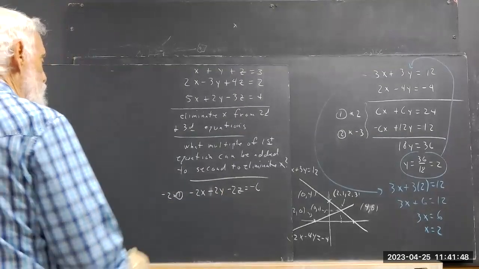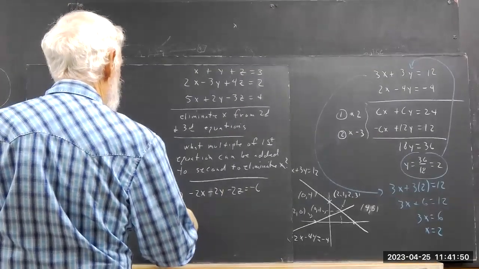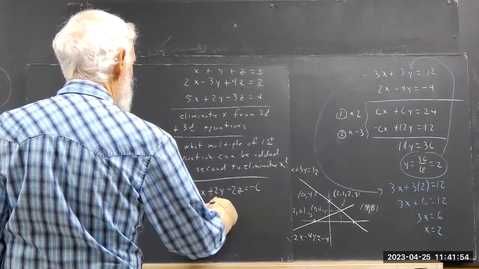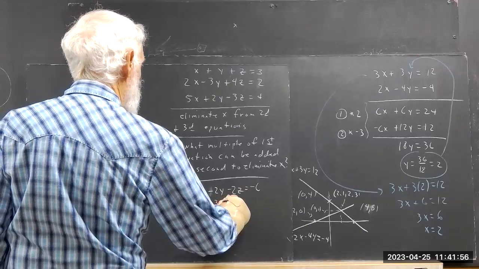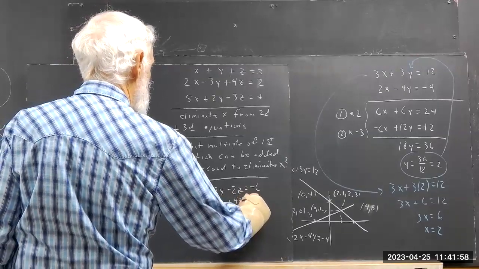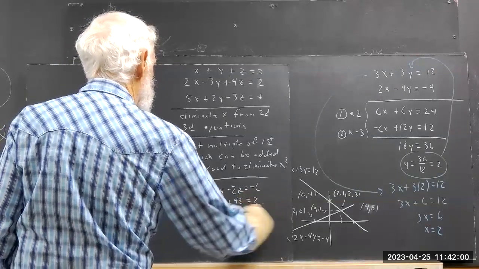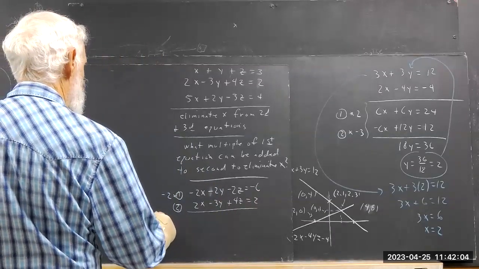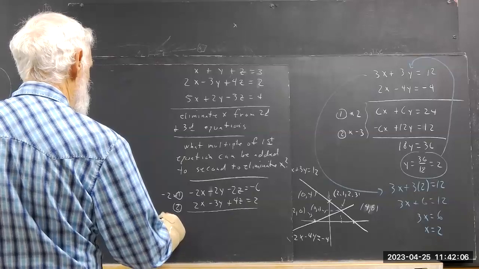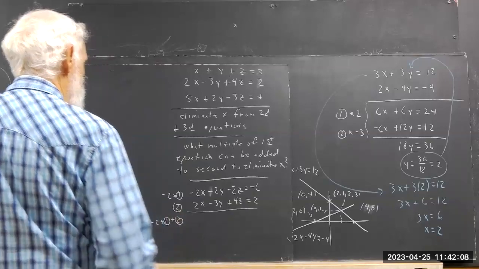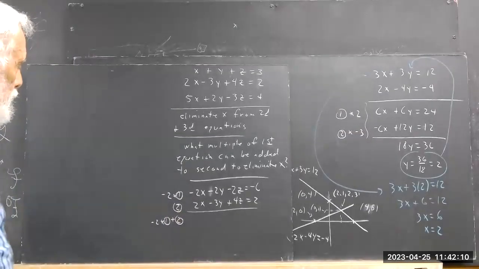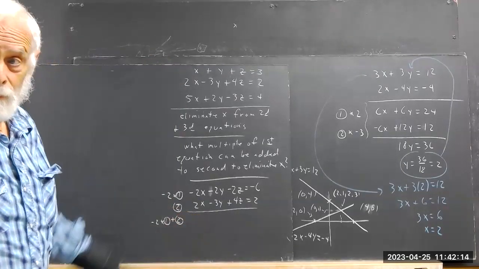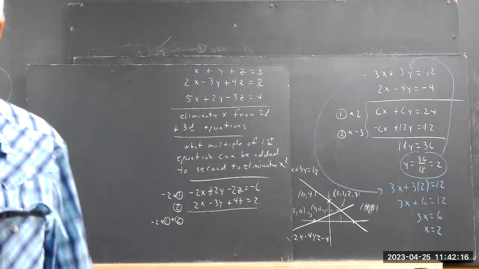Okay, and then the second equation. -2 times our original first equation plus the second, which is what? Go ahead and add those up.